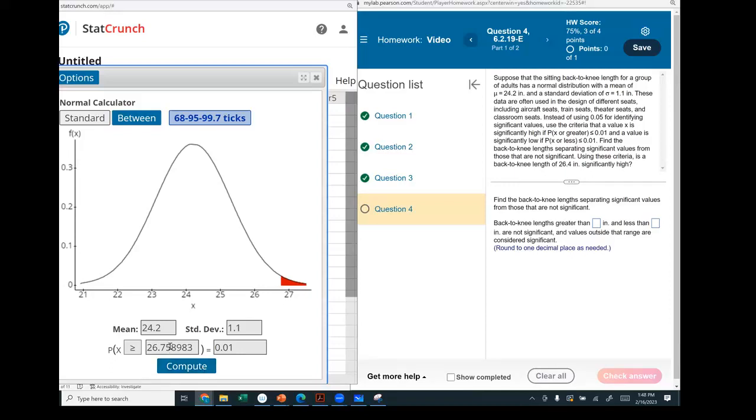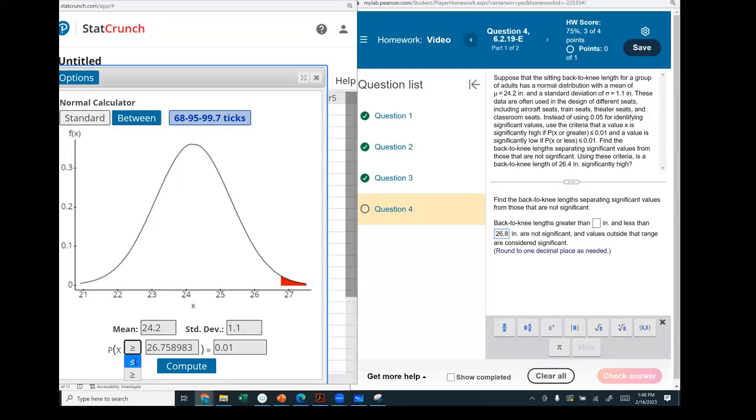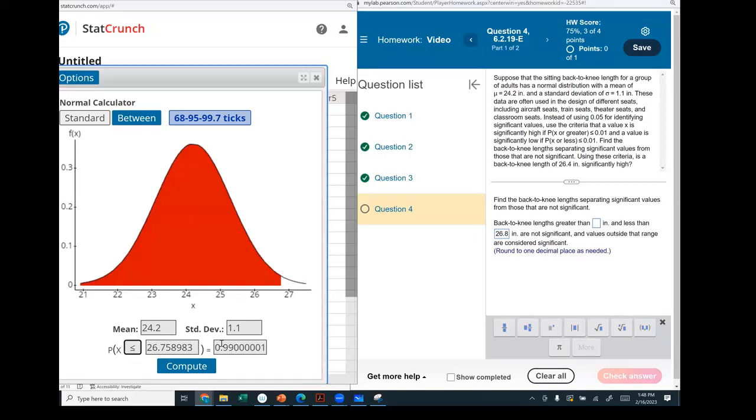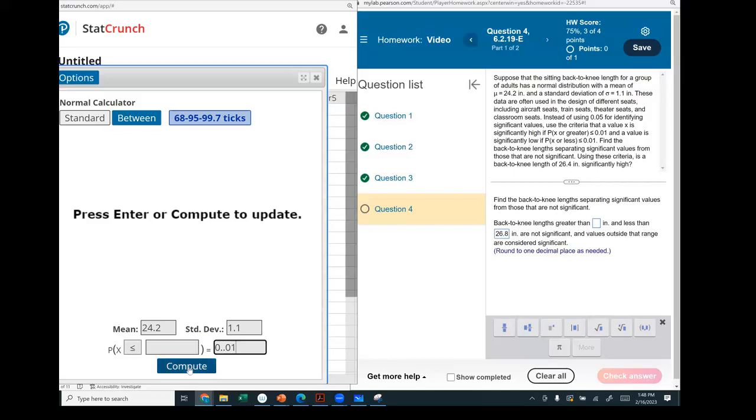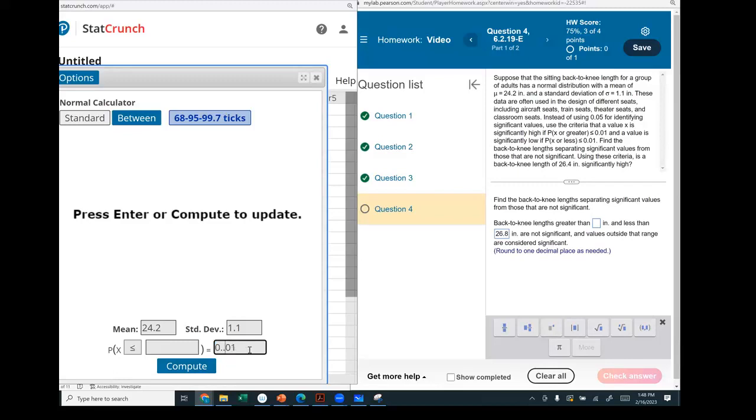yes, I changed it. So here we have back to knee lengths greater than, not this, because this is where I want my stopping. That's the biggest number I want it to be. I want it to be less than 26.8. And then here, I'm going to say the lower 1%. I hit compute.